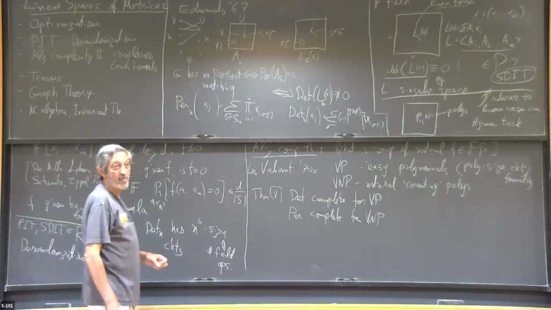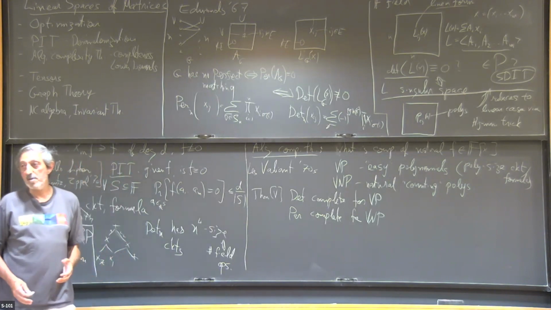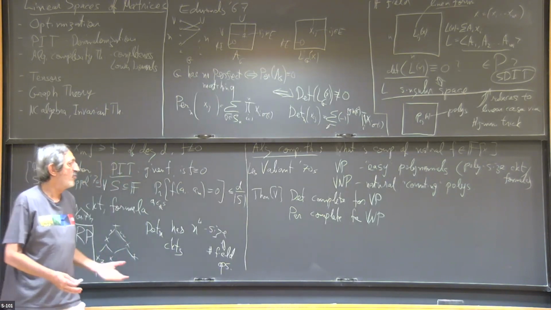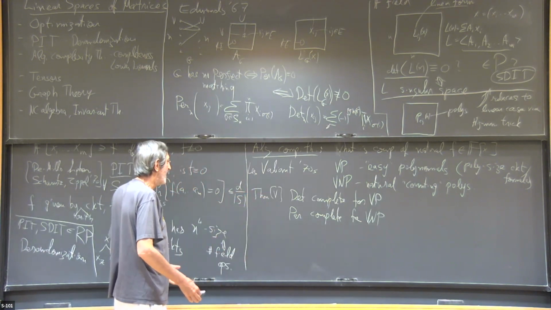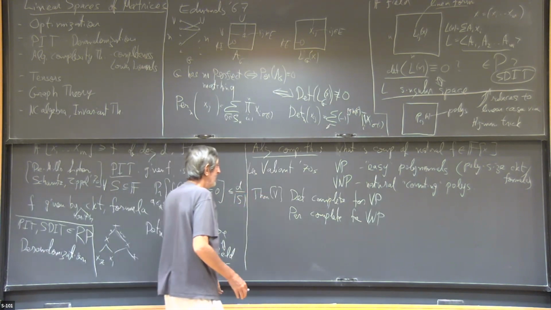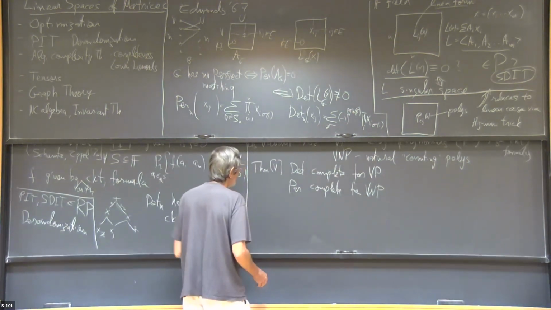So what do I mean by complete? You need a notion of reduction, and that's a really cool thing that makes this theory so nice. Here's a notion of reduction between two polynomials.